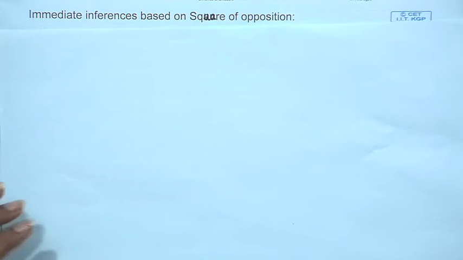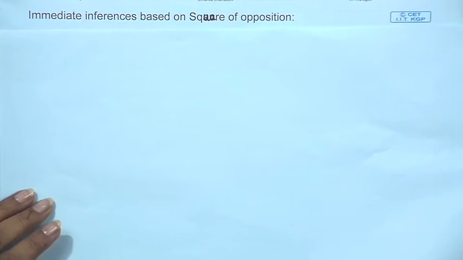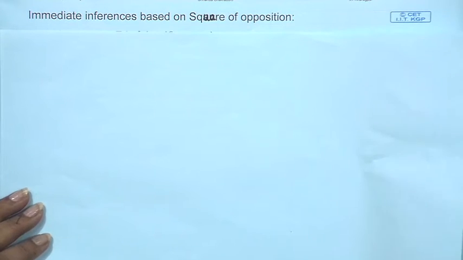So, sit down with a piece of paper and try to solve as we go along. Suppose I tell you, you choose your own A, E, I, O, but with exactly matching subject and predicate terms for you to understand this. Now, suppose I tell you that your A is true.